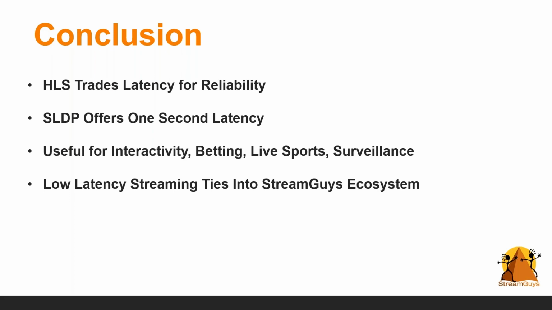This is useful for video conferencing, live sports broadcasting, auctions, security, and many more applications. SLDP can be paired with HLS delivery to reach all devices. It can also be paired with SG Recast to provide a rewindable video stream or an automated video on demand version.